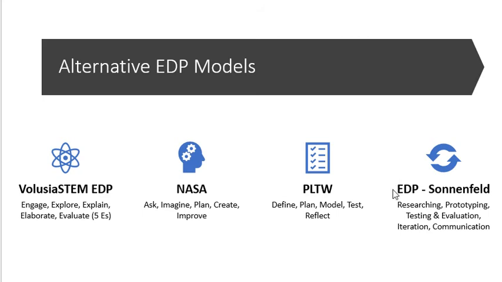And then the process that I'm going to ask you to use as my advanced students for Minds and Machines is an engineering design process with the steps researching, prototyping, testing and evaluation, iteration, which means going back and doing this over and over, and communication.